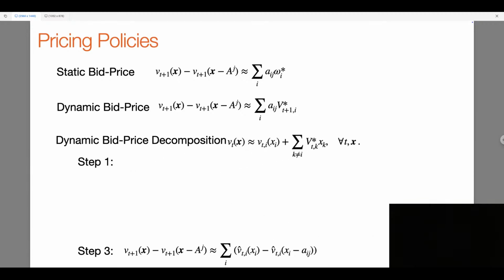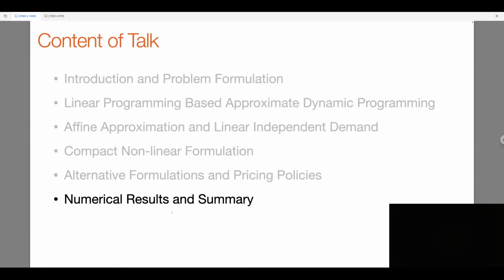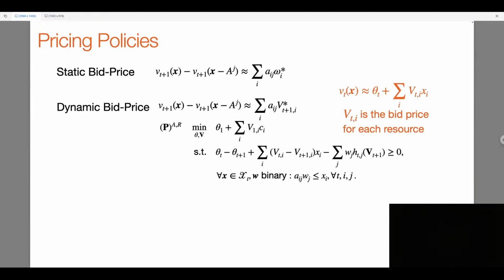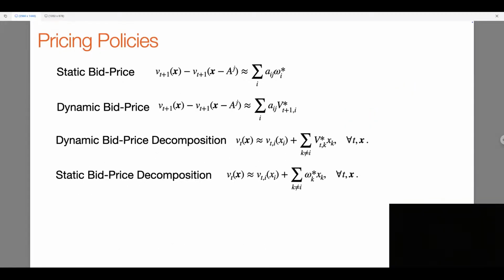And to better denote it, we write it with this formulation.